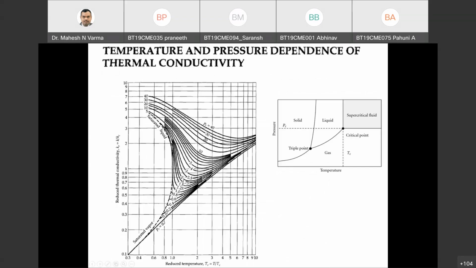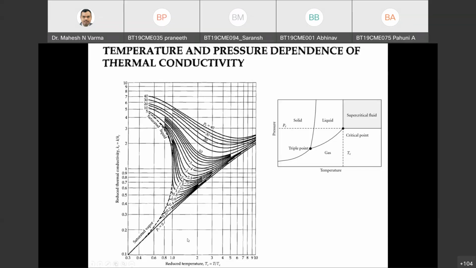So this pressure is somewhere close to zero. This line indicates reduced pressure equals zero. So 0.002 will be very close to this, and reduced temperature is 1.11. So somewhere here you will get the reduced thermal conductivity. In an exam, you can go with a scale and extrapolate this.